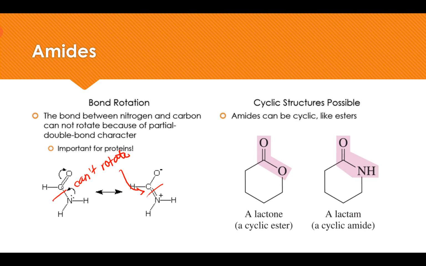So those bonds between the carbon and nitrogen cannot rotate. That's going to make it slightly more rigid, which is going to be very important when we get into proteins. Likewise, we saw with our esters that we can form cyclic structures, and we can do something similar with our amide functional group.